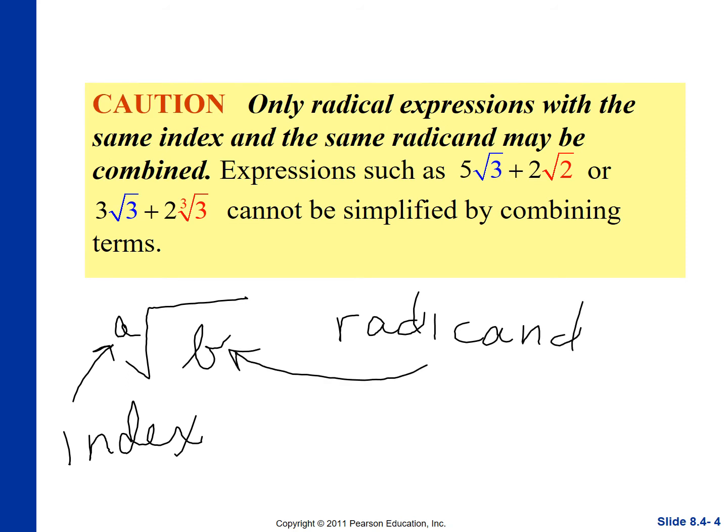Look at the top one: 5 square root of 3 plus 2 square root of 2, different radicands. On the next one, 3 square root of 3 and 2 cube root of 3, we do not have the same index, so we can't combine those terms. Those will be marked as already simplified.